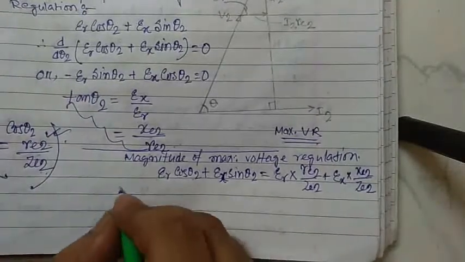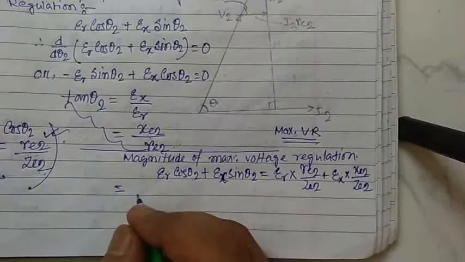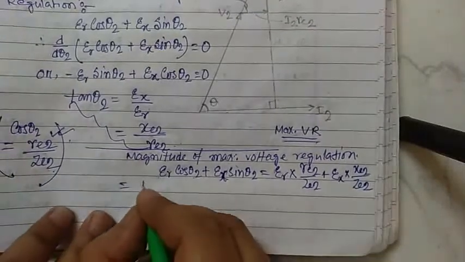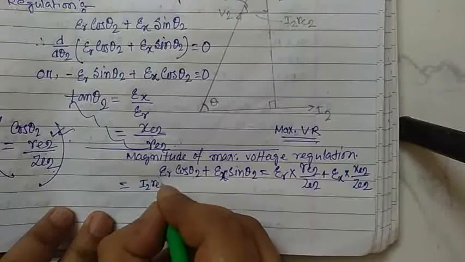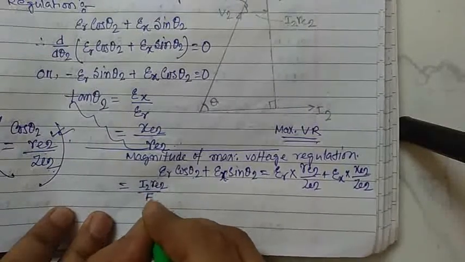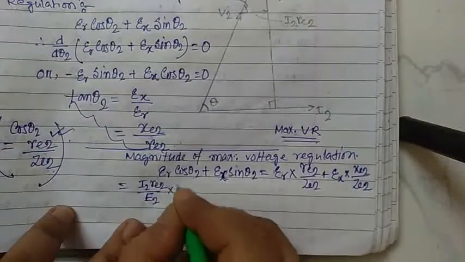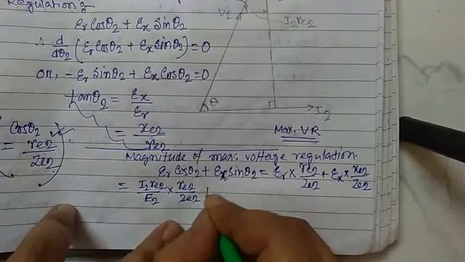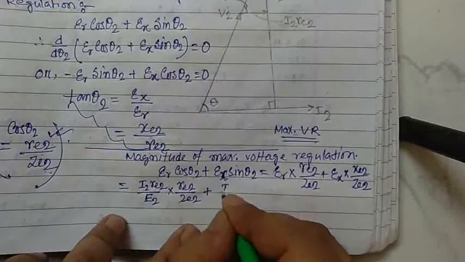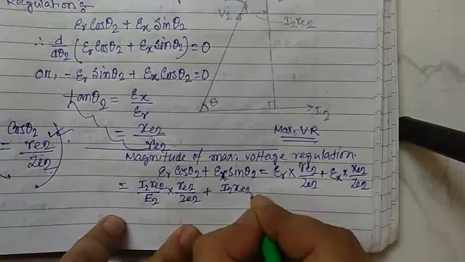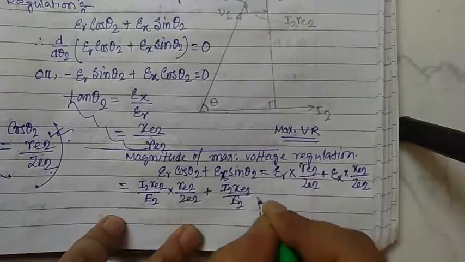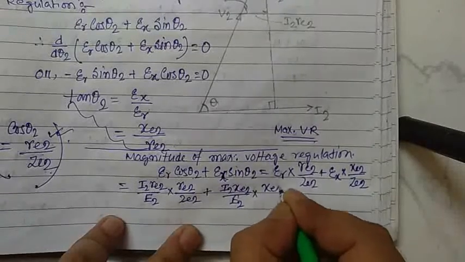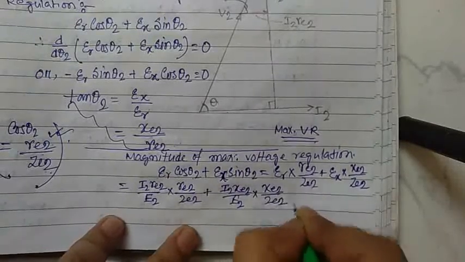From this we can write I2 Re2 by E2 into Re2 by Ze2, plus I2 Xe2 by E2 into Xe2 divided by Ze2.